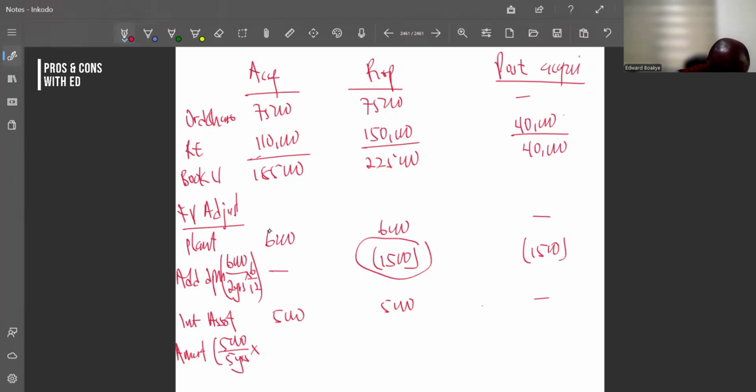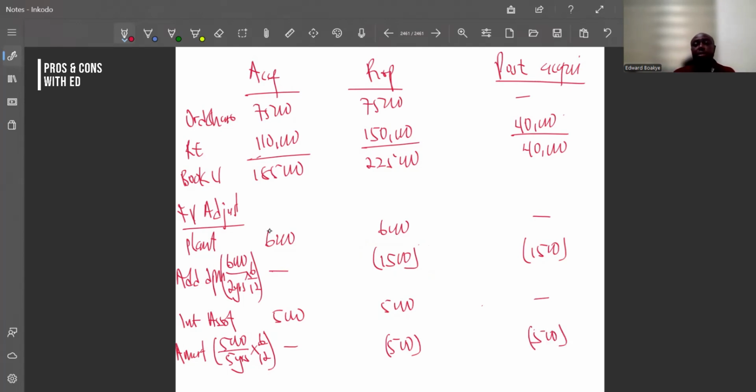But we will have 6 over 12. And that will give us how much? So 5,000 divided by 5 should give us 1,000. So here will be 500.